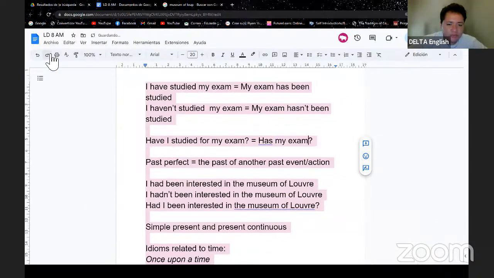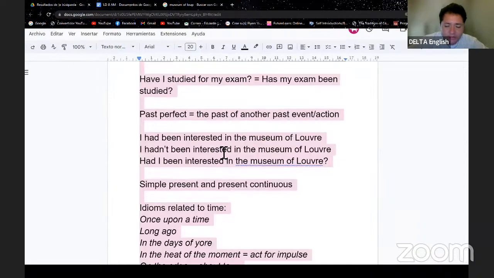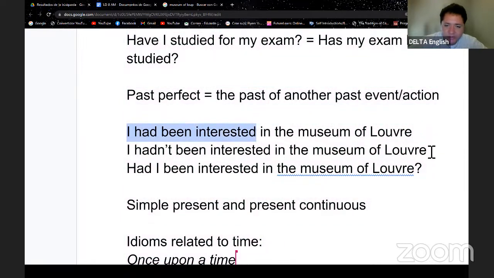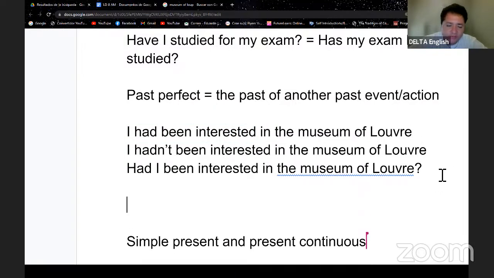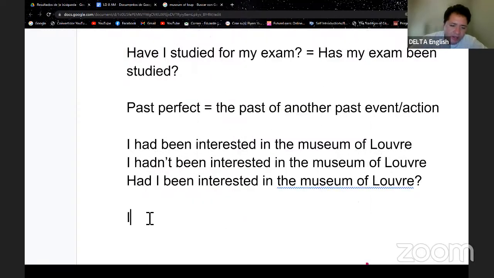I don't know what I did, but now everything is pink. Okay, now the passive voice. I have been interested. We cannot use it because this verb is intransitive, so not possible. Okay, but well, let's check, for example, I have eaten soup. Can we make this sentence in passive voice?